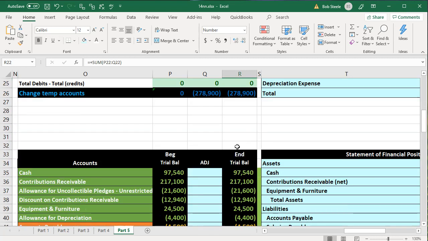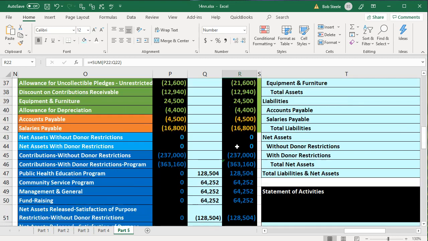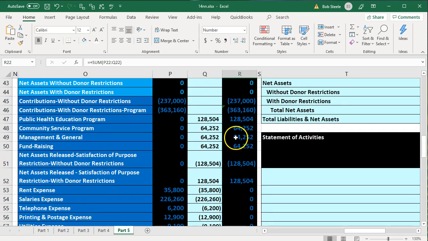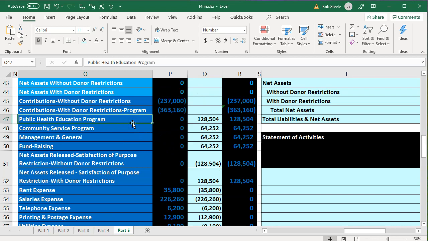Then the second trial balance, the one we are working on here, the one that will typically be used in order to make the financial statements as we are making now with the statement of financial position, is now breaking this information out by category, reallocating those expenses to the categories of public health, education, community service, management and general, and fundraising. So this is what we're going to use at this point.